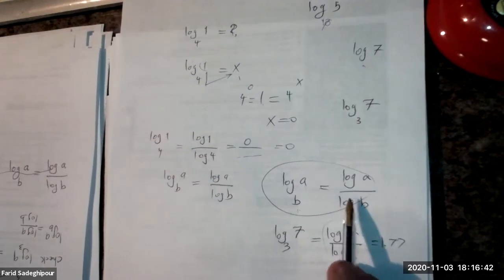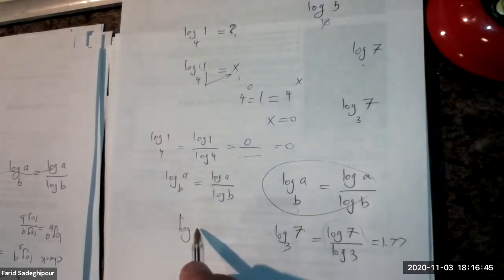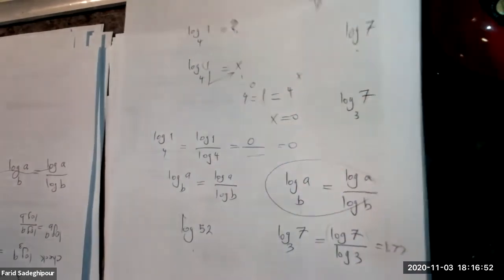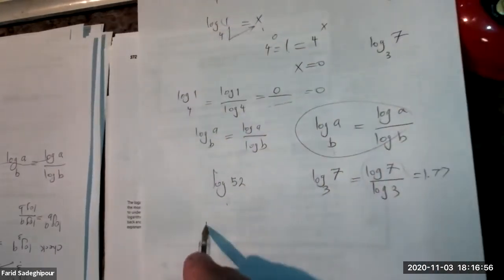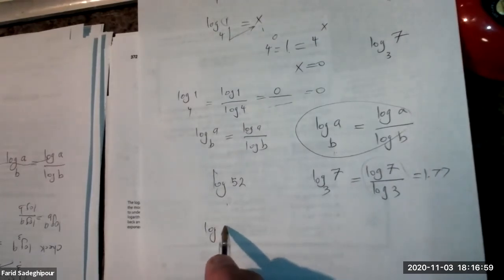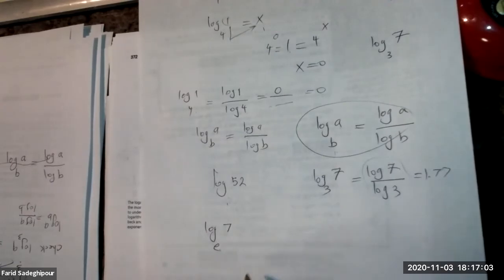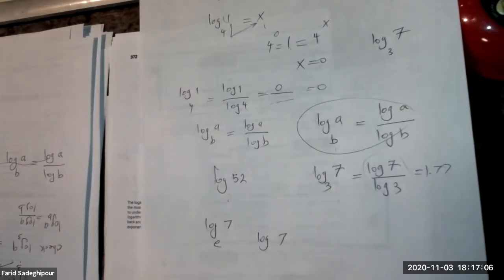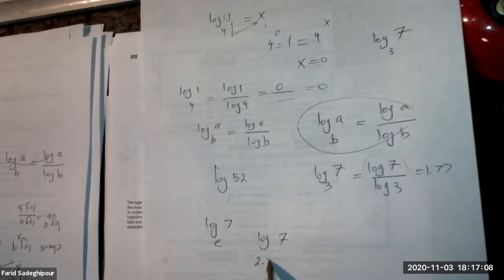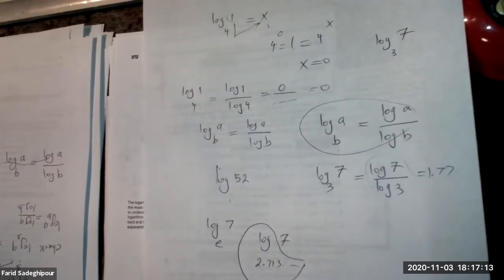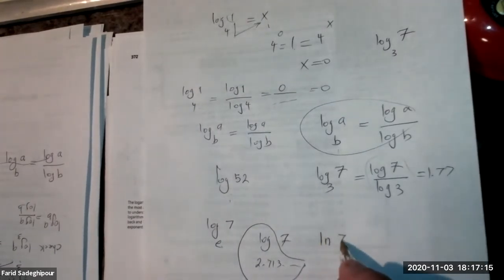So again, when we ask you to find log of any number and you don't see any base, the base is 10. There is a special case: if your base is e, which is about 2.718, instead of writing log of 7 with base e, they use the natural log.